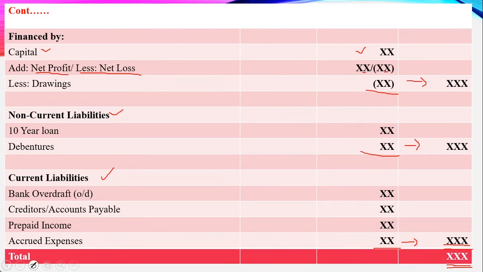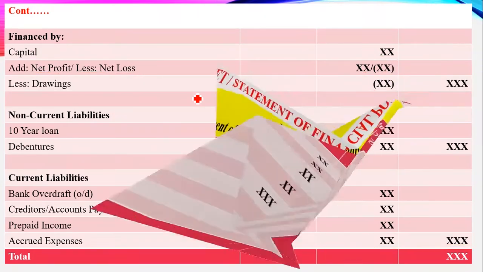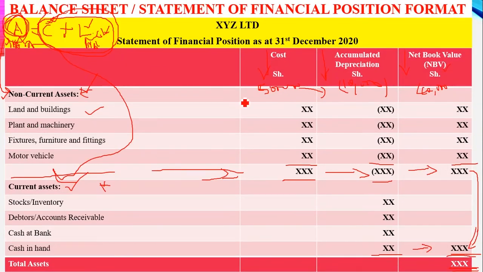The total of the financed by section and the total of the assets should be the same. So remember, this is one statement. It's only that my page is small, so I have used 2 pages, so it should be continuous.